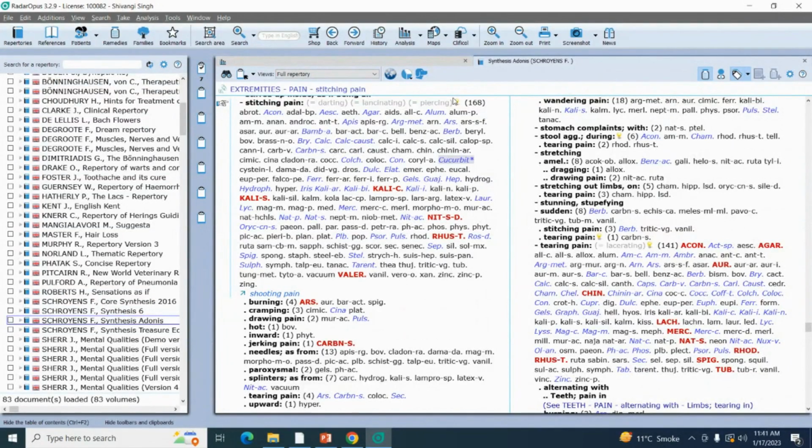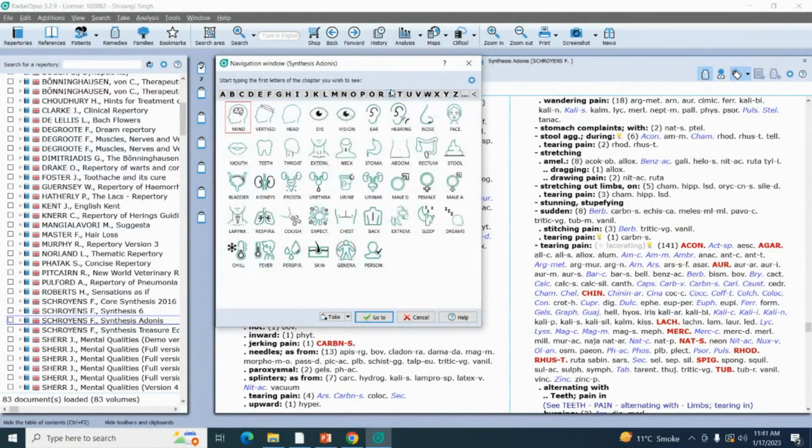The next symptom, my patient is having pain in the feet, the soles of his feet. So I'm going to the navigation window again. I'm going to the extremities chapter.